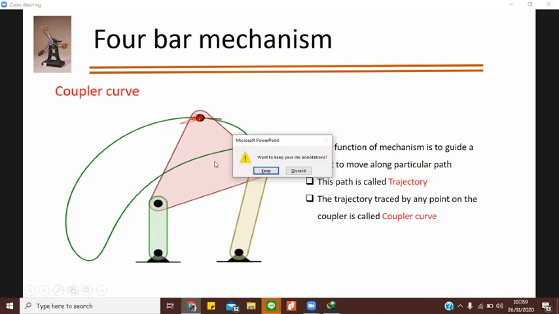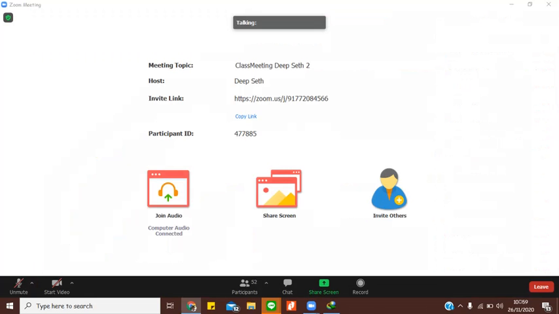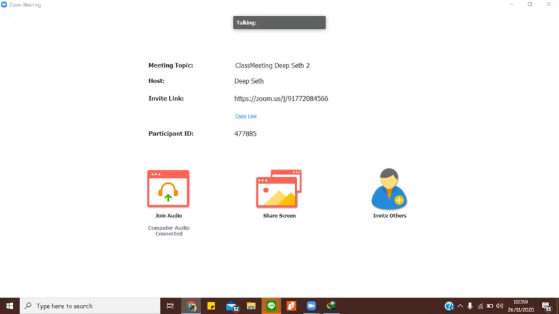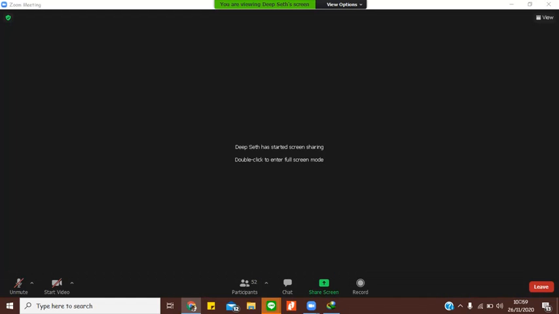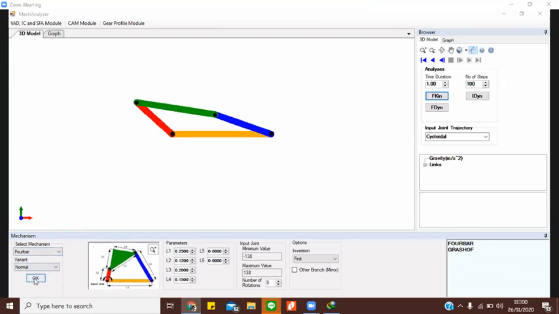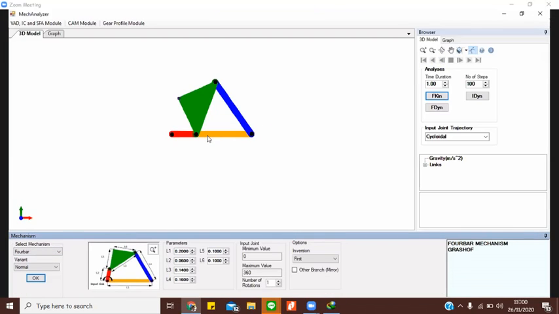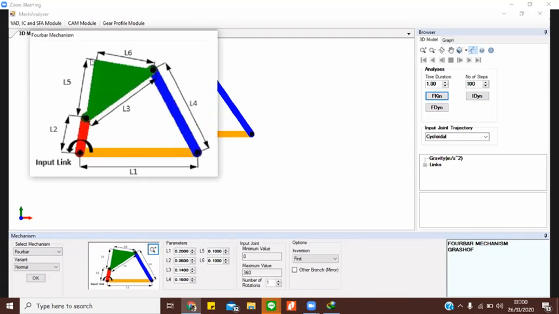Let's see an example of it. I will just make a simple one. So this is a coupler, and when I move it, this L3 and L5 which I have shown you previously, this is actually L5 and L6.